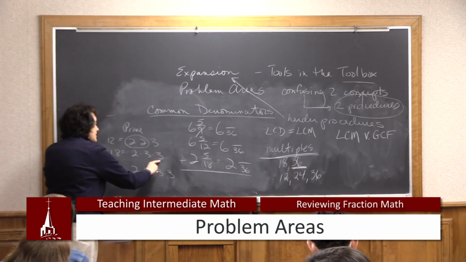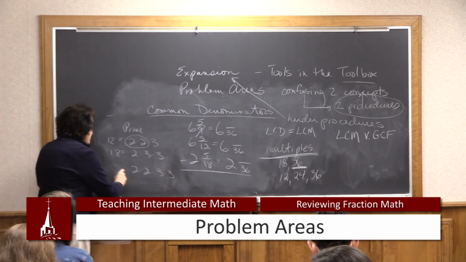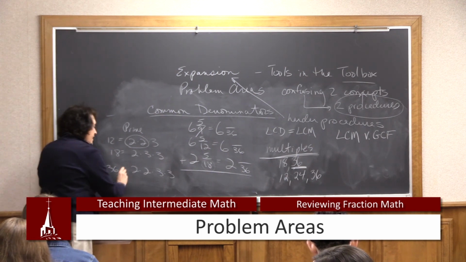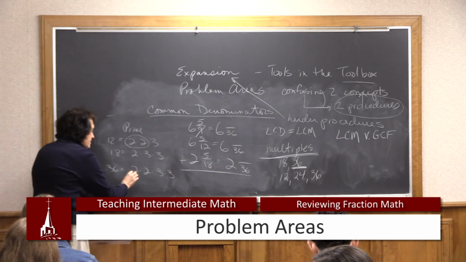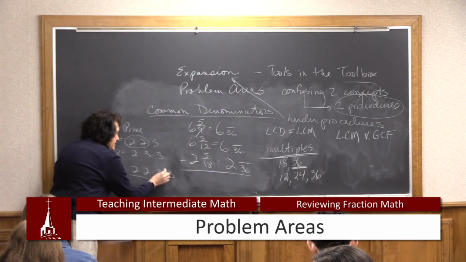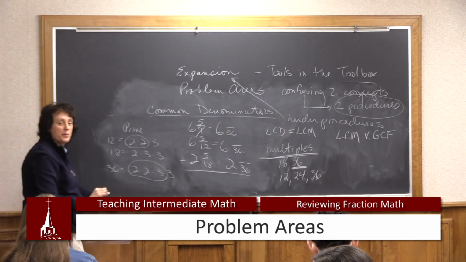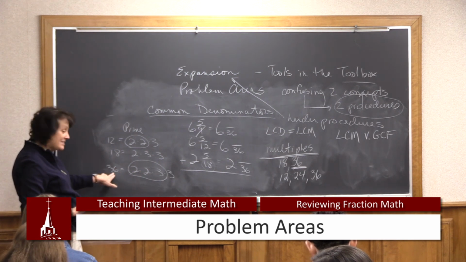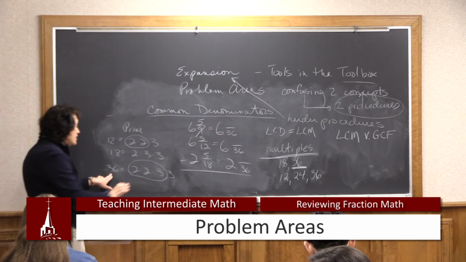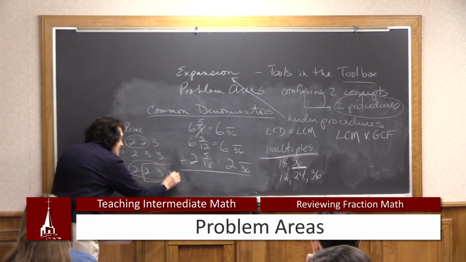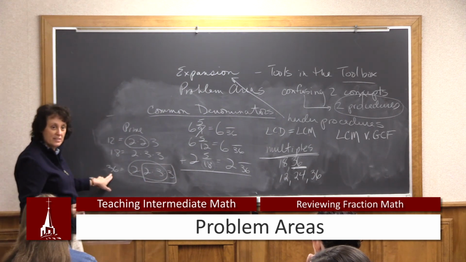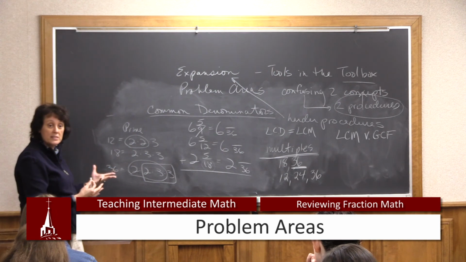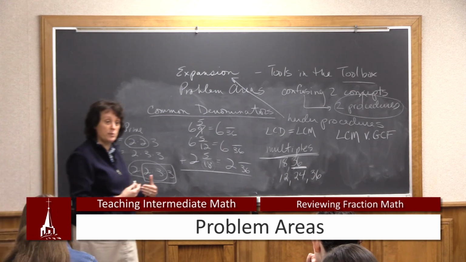And then I have to have at least 2 3's. And so here is 36. And you need to show your students this. That's the beauty, let's say, of composites in their prime form. Do you see the 12 literally inside the 36? Do you see the 18 literally inside the 36? So that proves that 36 is the common multiple.